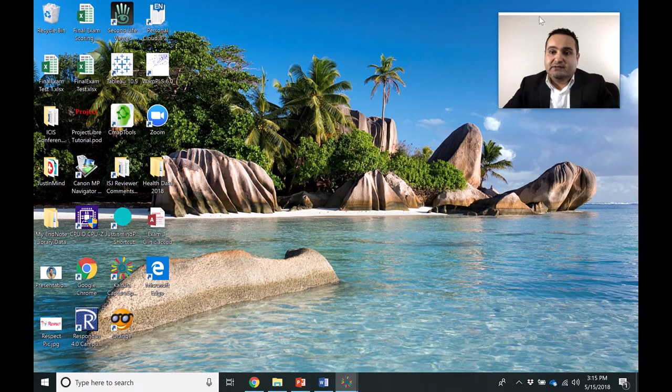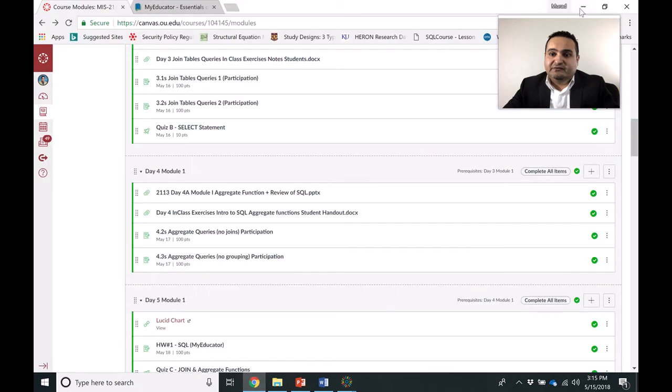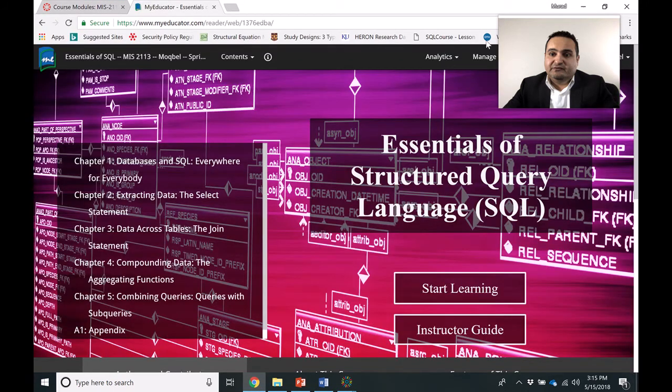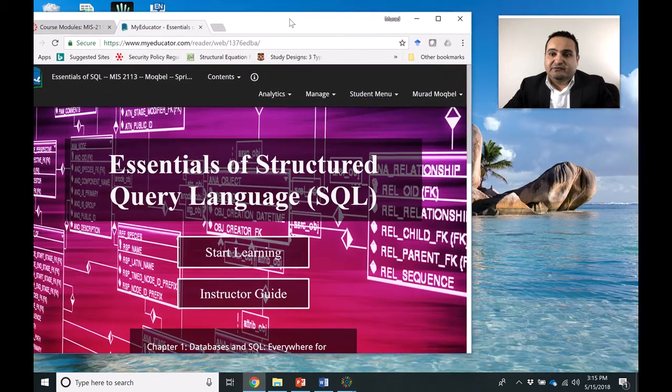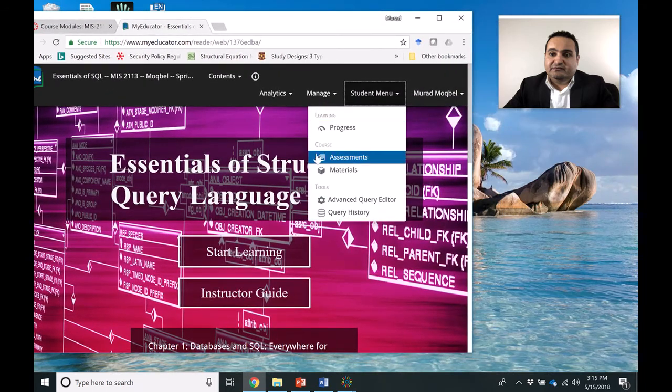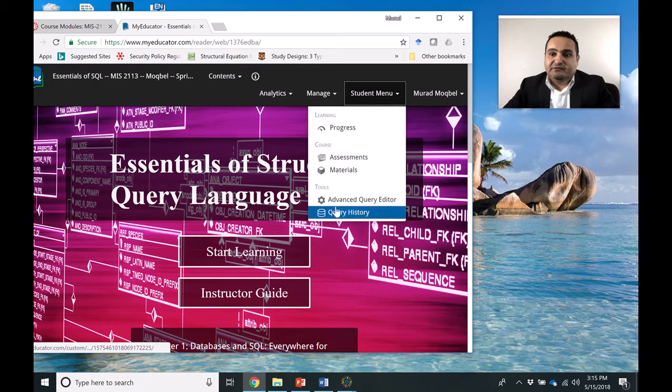All right, so let me just move this here. Okay, let's go to My Educator. So for My Educator, I will just go to Essential of SQL, and then Advanced Query.